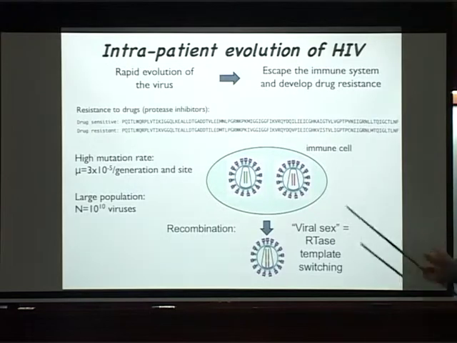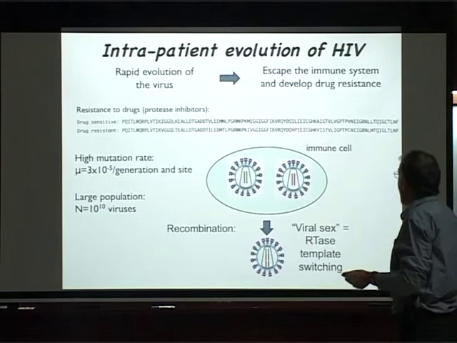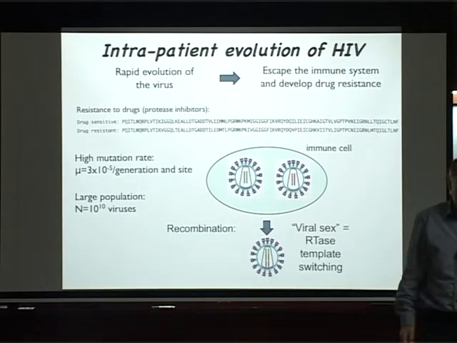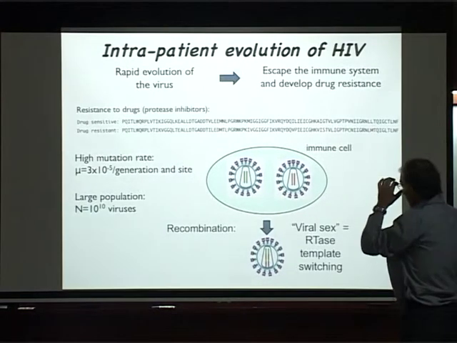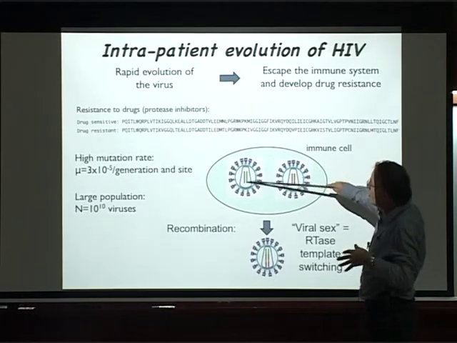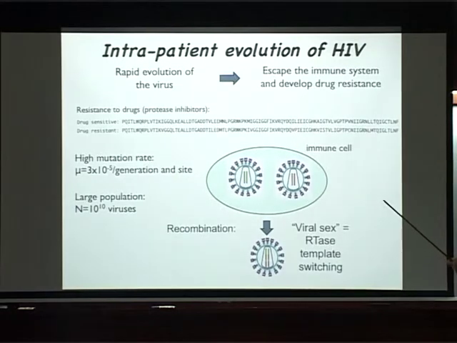And okay, so we have a high mutation rate, a very large population, and there is another twist to the evolutionary dynamics of HIV. HIV is having its own sex in a very peculiar way. It's an RNA virus. It actually has two copies of this RNA molecule.